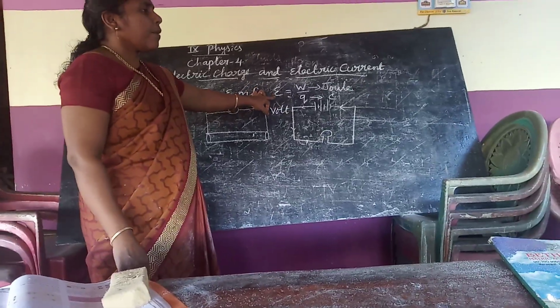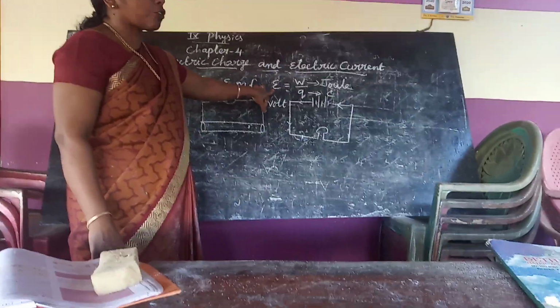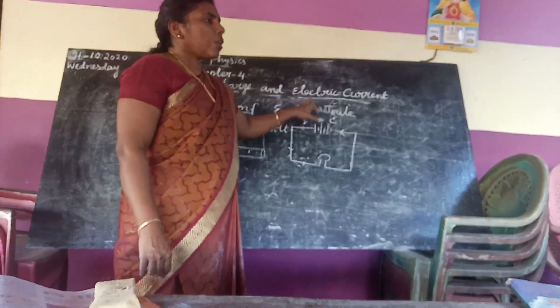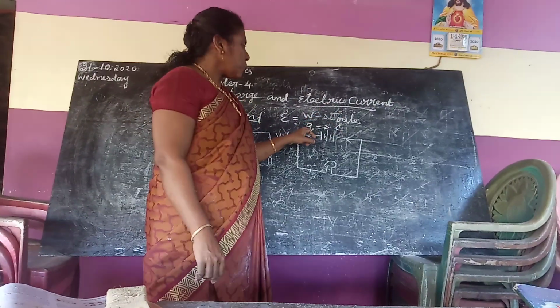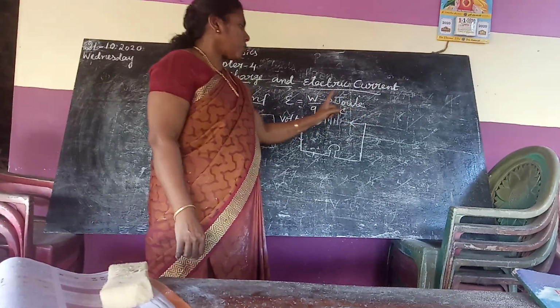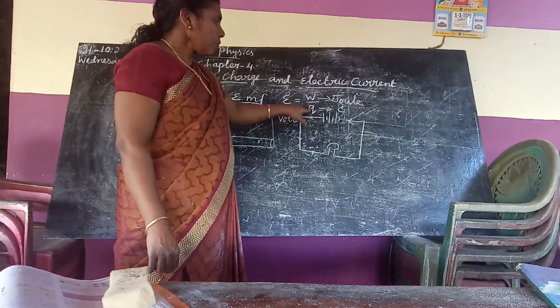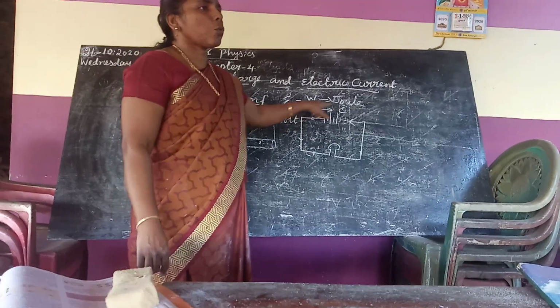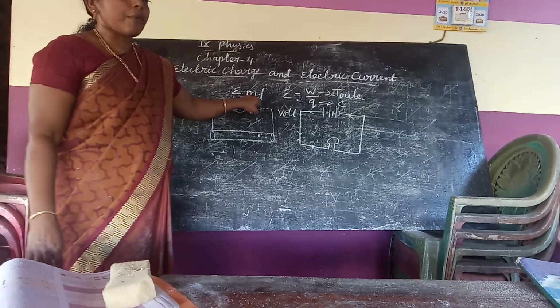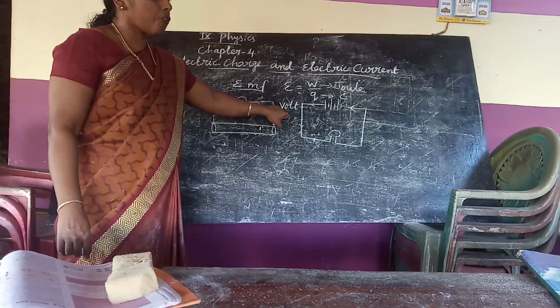Now listen here, the formula for electromotive force is E equal to W divided by Q. W means work done, Q means charge. The unit of work done is Joule, the unit of electric charge is Coulomb, and the unit of EMF is volt.